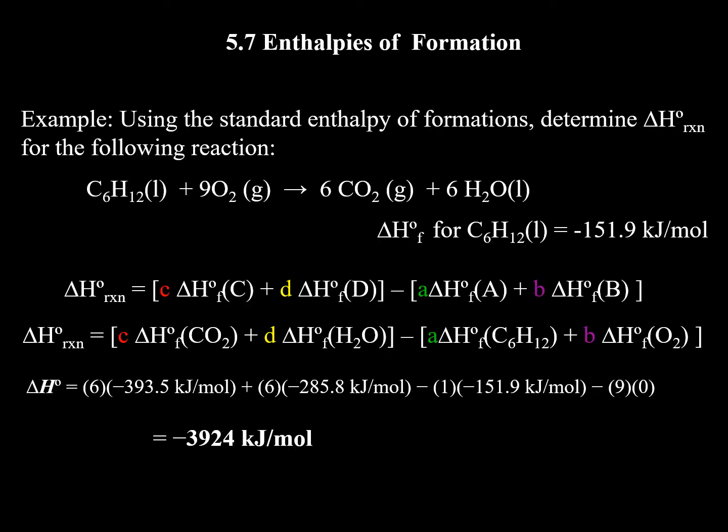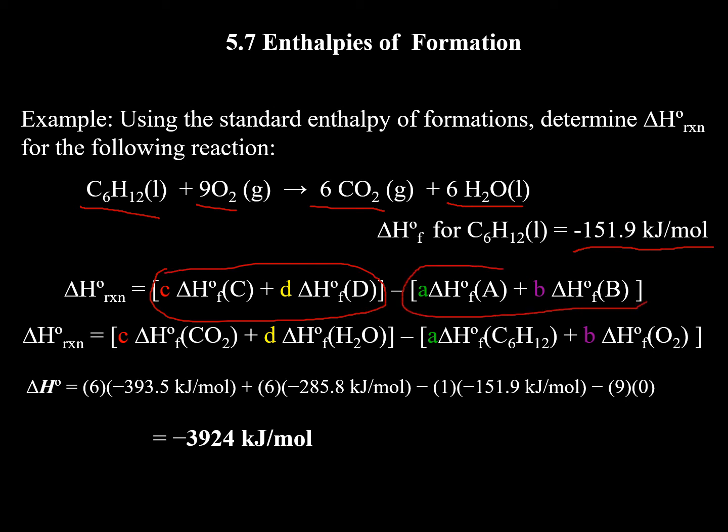So this is an example here. We have C6H12 plus 9O2 giving 6CO2 and 6H2O. And the table will be given to you, but the delta H of formation of C6H12 is negative 151.9 kilojoules per mole. So if we were to take the products minus the reactants, I've worked it out step by step. Where did I get these values from?